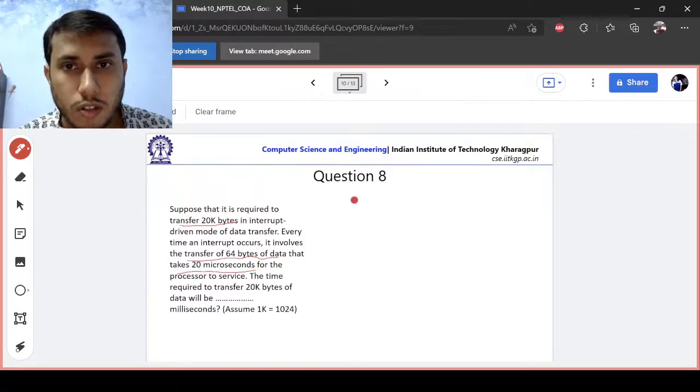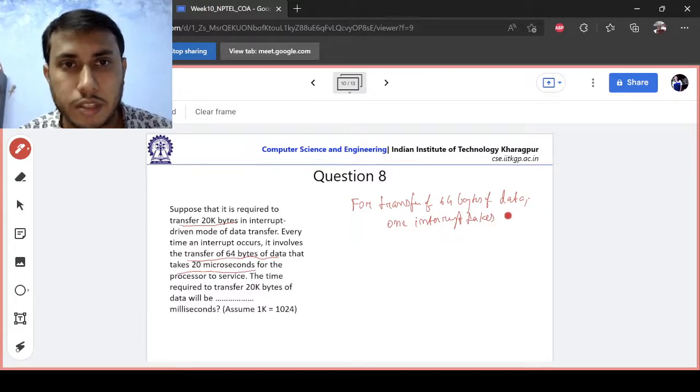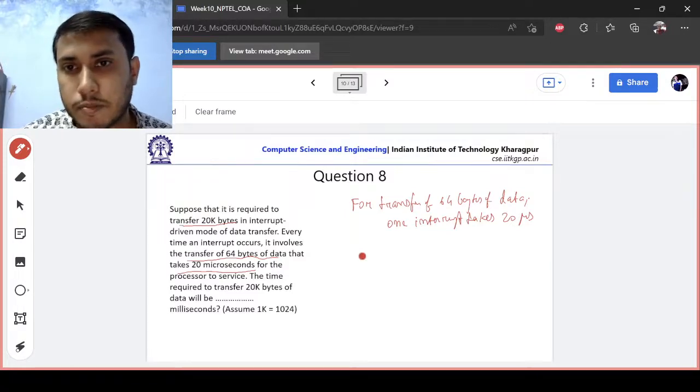So for transfer of 64 bytes of data, one interrupt takes 20 microseconds, right?